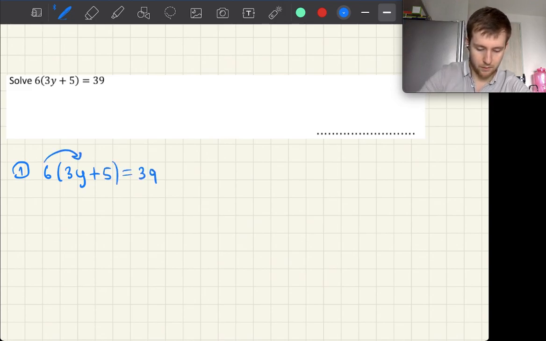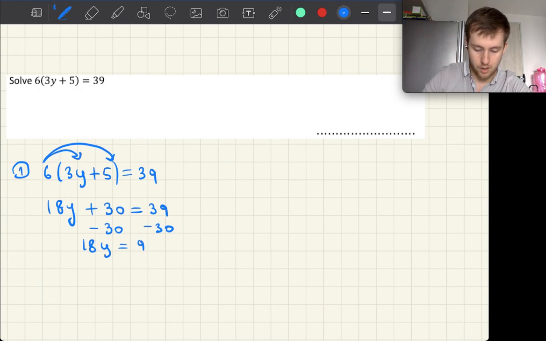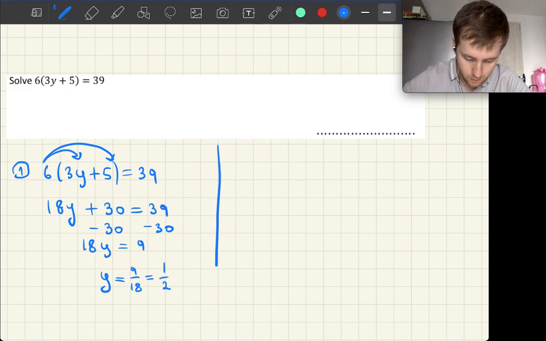We would get 18y plus 30 equals 39. And then we follow the normal routine operations. We will get 18y equals 9. y would be equal to 9 over 18, which is the same as 1/2. So that's the first way to do this.